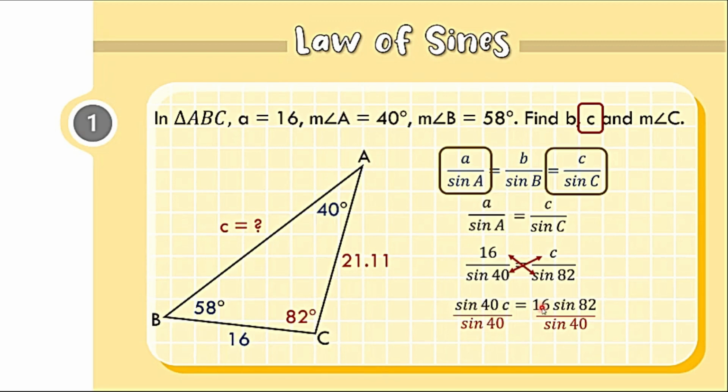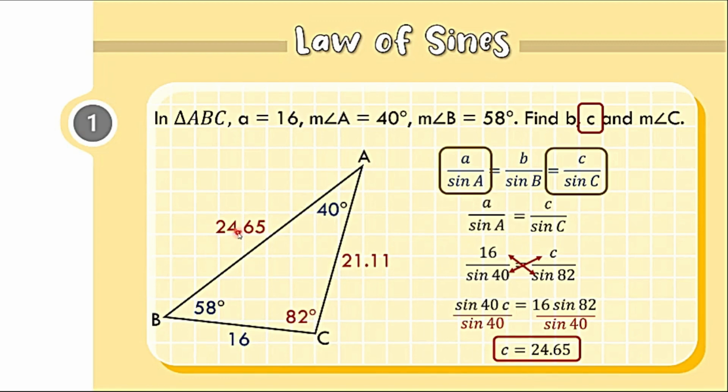And using a scientific calculator, let us compute for the length of side C. Press 16 sine 82 divided by sine 40. Therefore, the length of side C is equal to 24.65 to the nearest hundredths. And this is the length of this side.